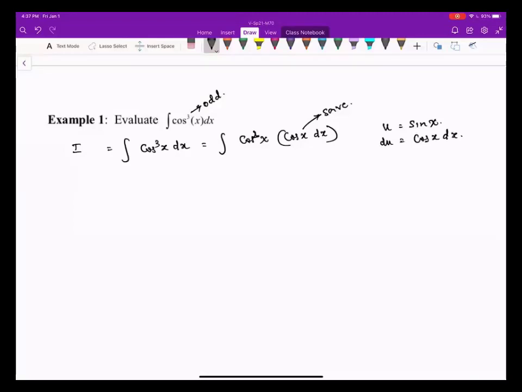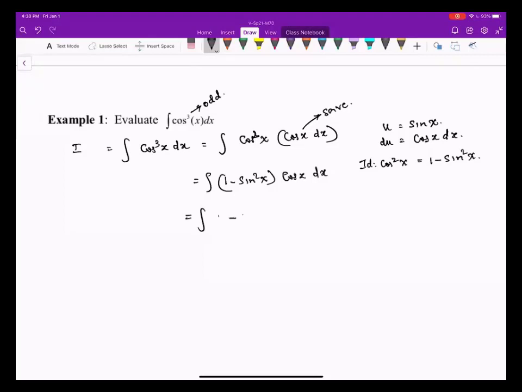Then what Pythagorean identity are we going to use? Cosine square equals 1 minus sine square. That is the Pythagorean identity we are going to use. So it is 1 minus sine square times cosine x dx.